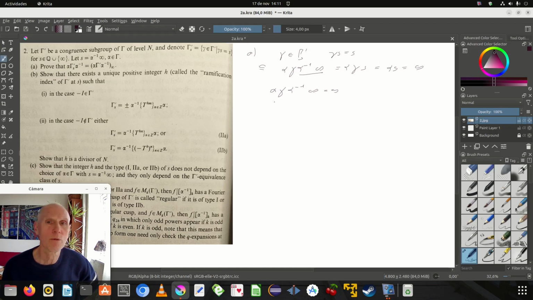We have to do the other way as well. This was alpha to minus first of infinity. That's S, and we operate with the inverse of alpha on both sides. So we get S, so that proves that way. Right.